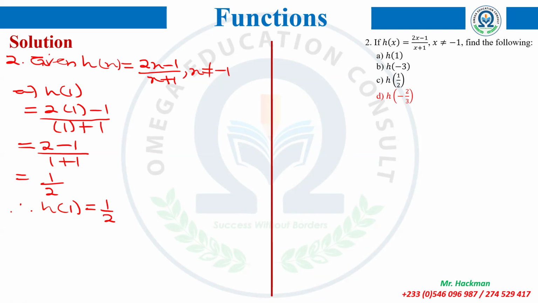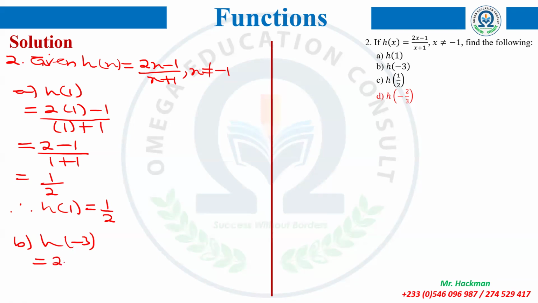So we have 2 more to do together. Then the D will be yours. Okay, so let's go. B. What are we supposed to find? h of -3. So we know this will be equal to, in my numerator, wherever I see x, it will be -3. Denominator, wherever I see x, equally -3.